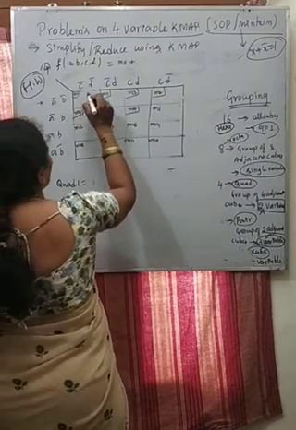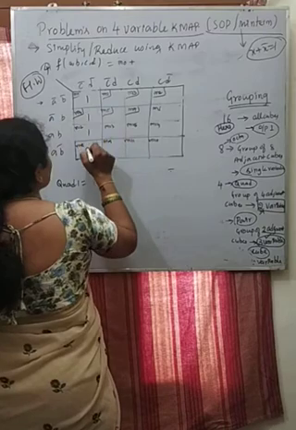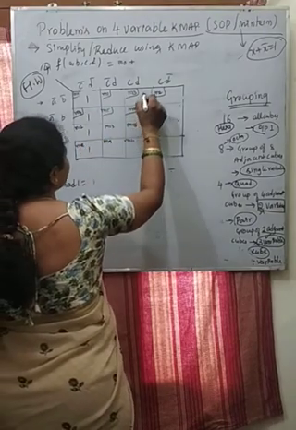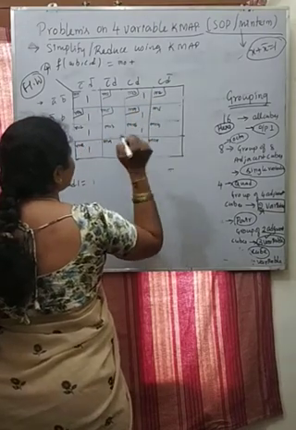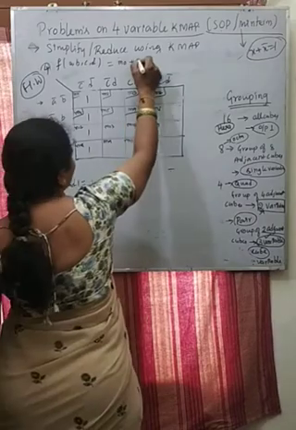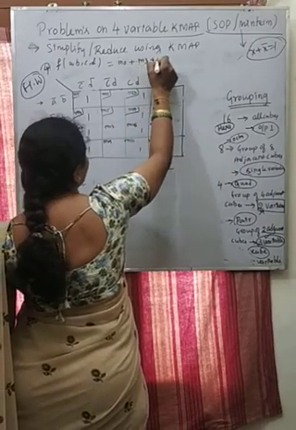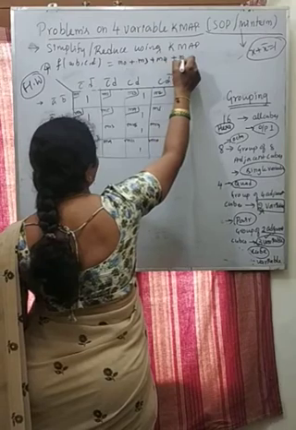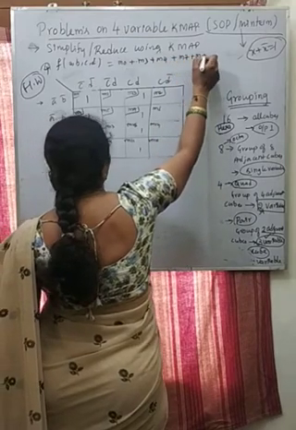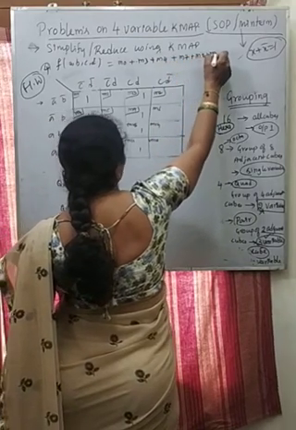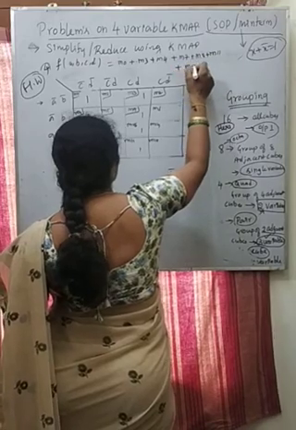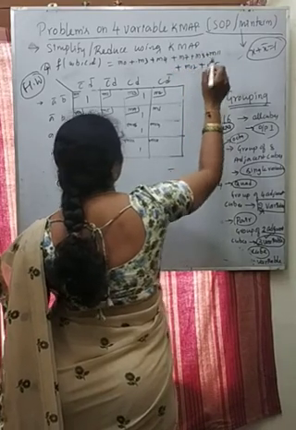M0 is present, M4 is present, 12 is present, 8 is present. 3 is present, 7 is present, 15 is present. That means M0, M3, M4, M7, M8, M11, M12, M15.